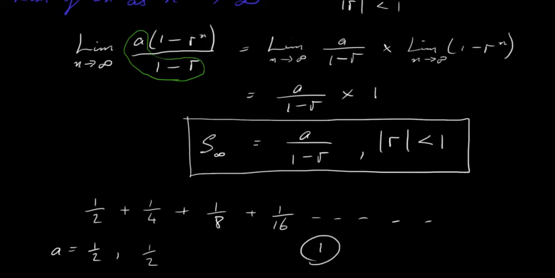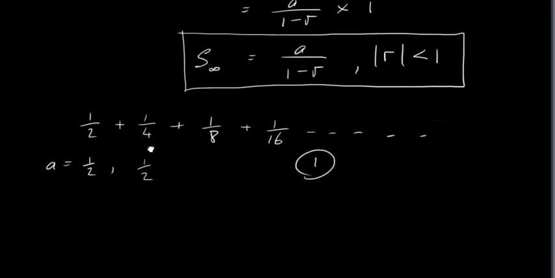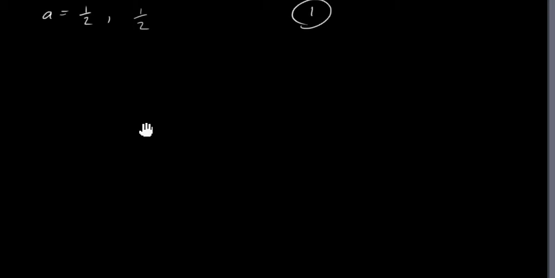Okay. So what we're going to do is use this formula to work out the limits of some series. So let's have a look at an example where we can use this formula. Let's take the series a half minus 1/8 plus 1 over 32.